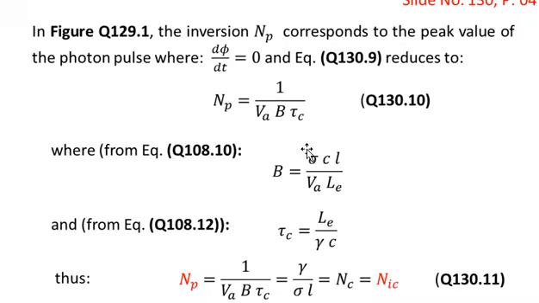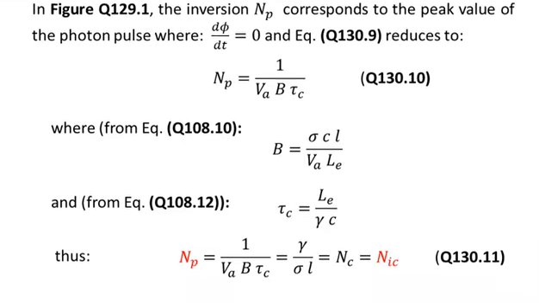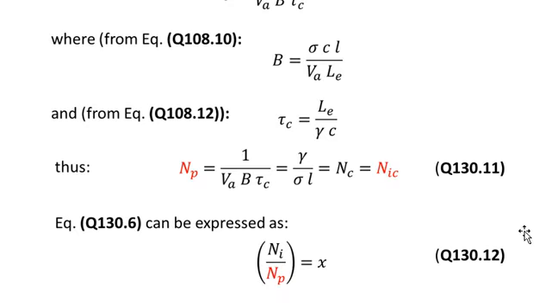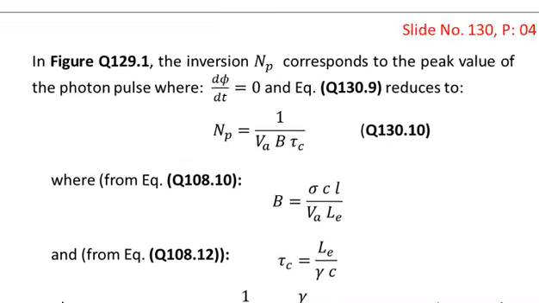σ has been defined earlier, C is the velocity of light, and L is the length of the active medium rod. Also from the same slide, equation number 12, you have the time τ_c, which gives you the lifetime of the photon in the cavity.